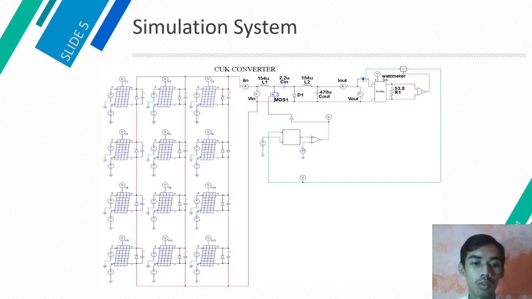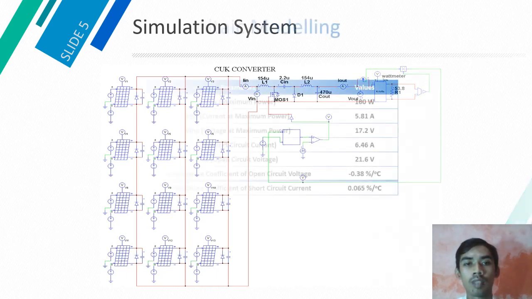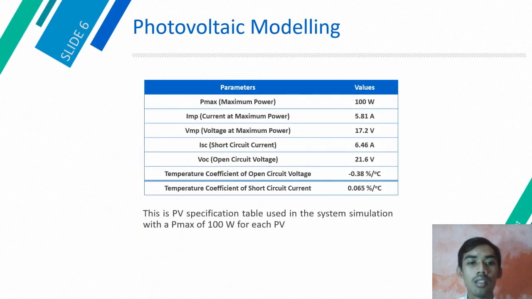The system was simulated using PowerSim software, and after being simulated, the response of the system can be seen when using control or not, so that the responses can be compared. This is the PV specification table used in the system simulation with a Pmax of 100 watt for each PV.